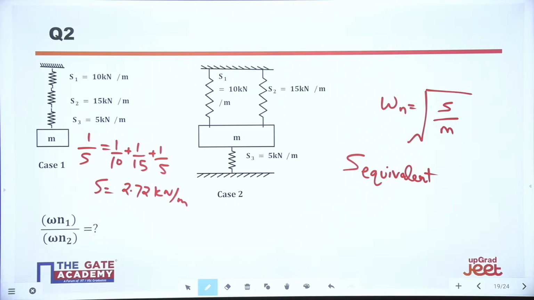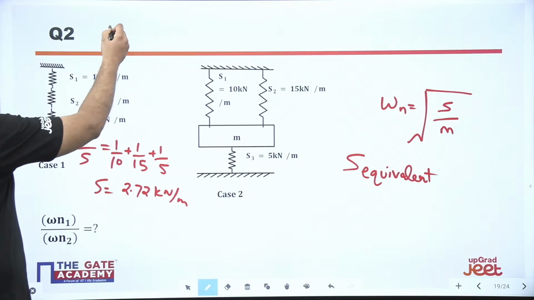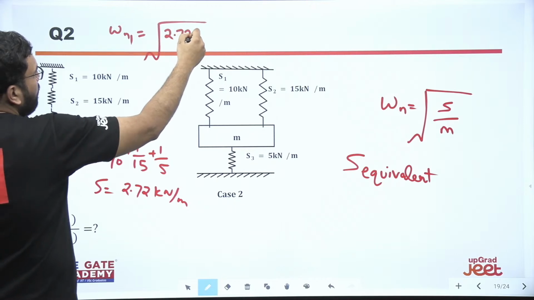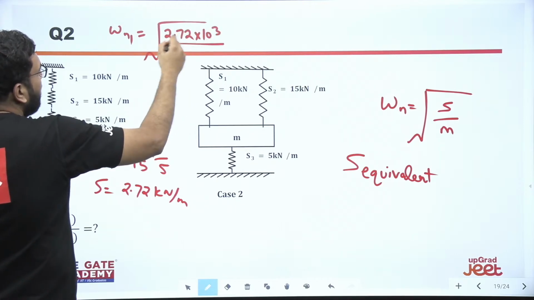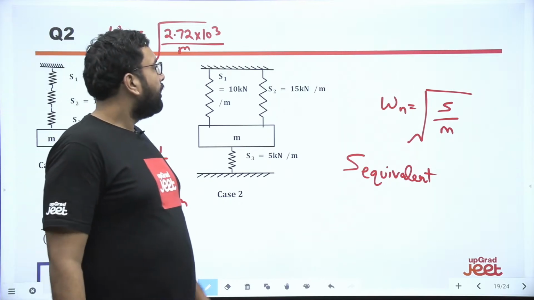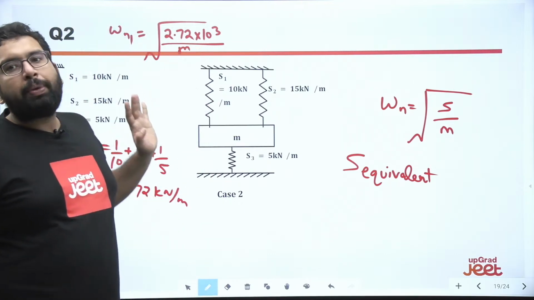Okay, so it is coming out to be 2.72 kilonewton per meter. So we can find from here the omega n1. Do not forget to multiply by 10 to the power 3. M is not given, so this is going to be m. Now for here, all these three springs are in parallel only.